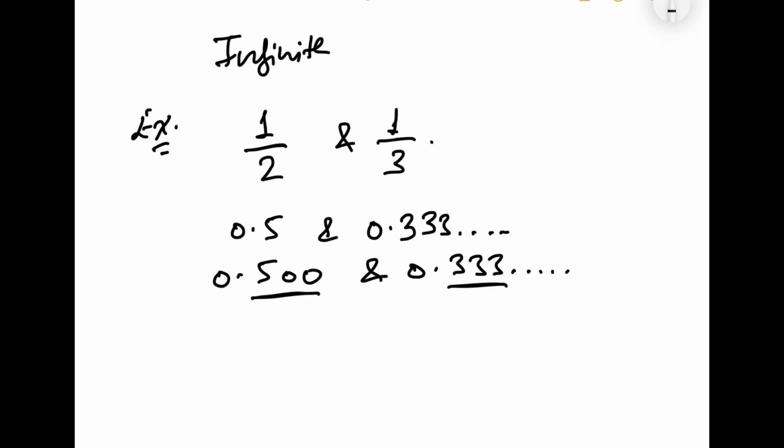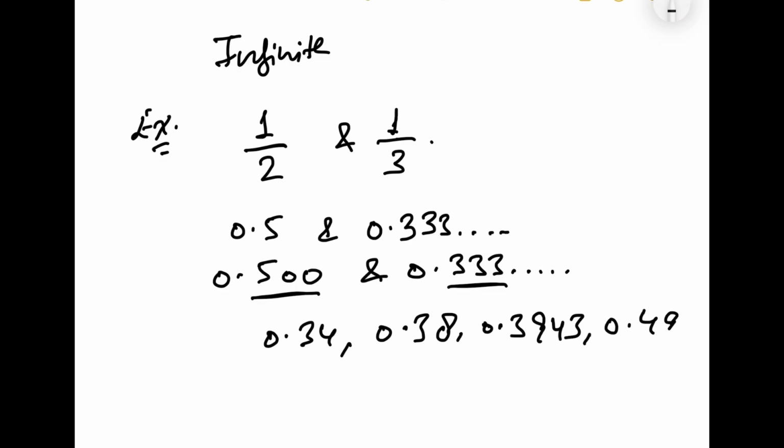Just write some rational numbers between them, like 0.34, 0.38, 0.3943. Okay, write any number, 495. We can write many rational numbers between these two rational numbers.